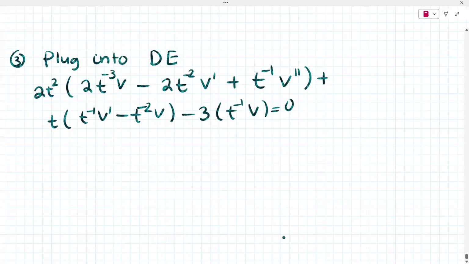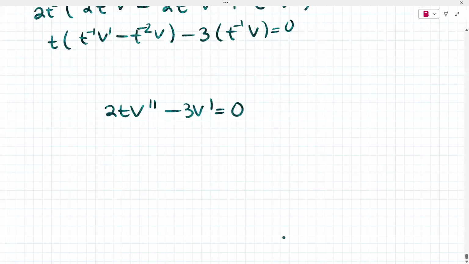And if you clean that up, you're going to get 2t v double prime minus 3v prime equals 0. So now our coefficient is constant, right? Oh wait, no, it's not. So we have to do some more substitution. This is not constant. We still got to do more substitution.